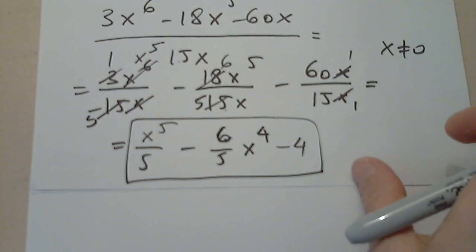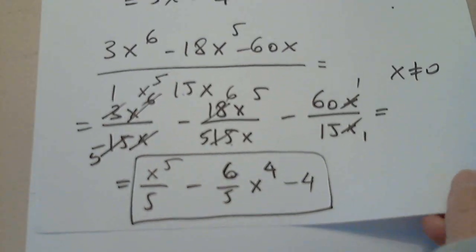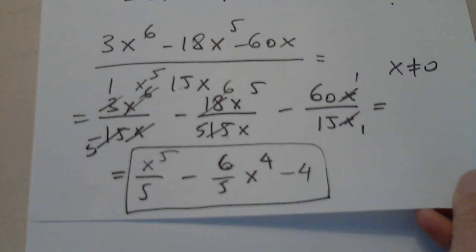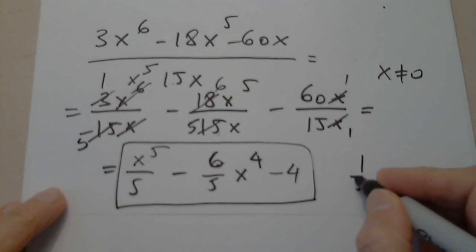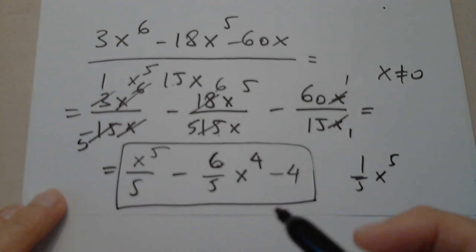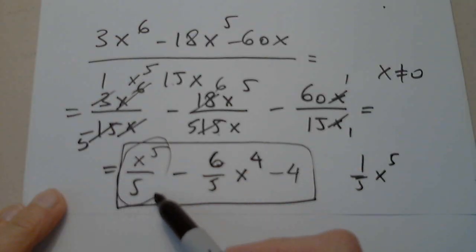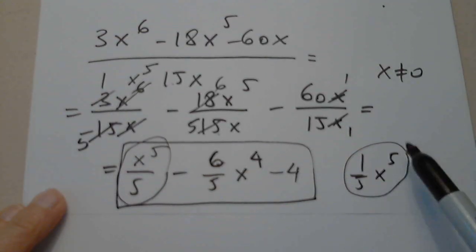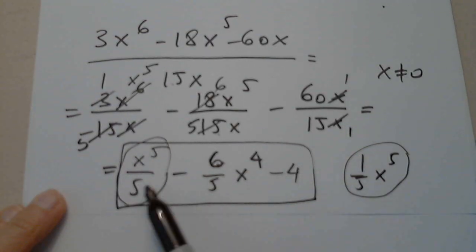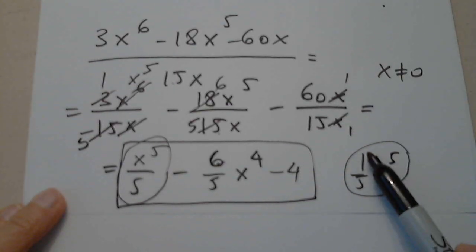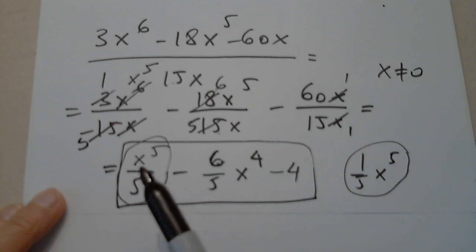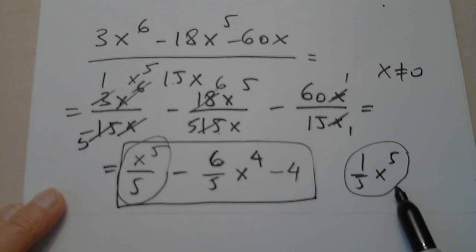All these problems come from your practice. Does it have to be x to the 5th power over 5, or can it be 1/5 x to the 5th power? Yes, it's the same. Remember, it is very important to be able to toggle between these two. X to the 5th over 5 is the same as 1/5 x to the 5th. Sometimes this is better, sometimes this is more useful.